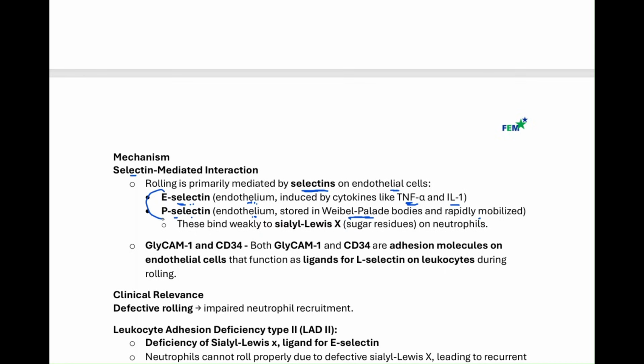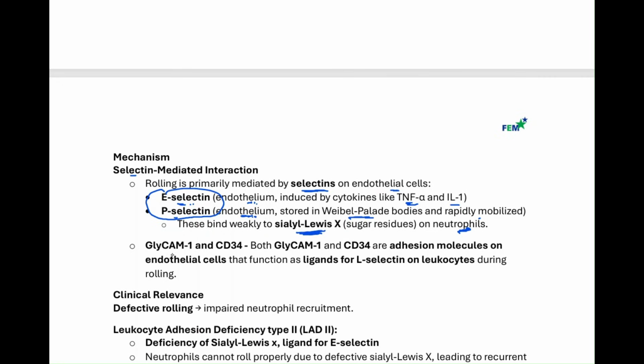So this P and E selectin on the endothelial cell are going to bind to sialyl Lewis X on neutrophil. So on neutrophil, we have what? We have our sialyl Lewis X, and that's what they're going to bind to. And once they bind to it, that's what allows them to roll. Very good.